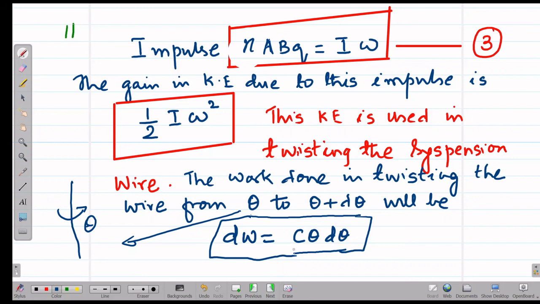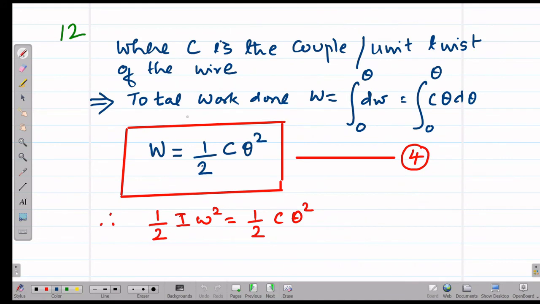So to cut a long story very short, the work done in twisting the wire by a small angle d theta from an angle theta will be dW equal to C theta d theta. And therefore total work done is integral of dW from 0 to theta, which is C integral theta d theta, or total work done is half C theta squared. So we have 2 formulas now.